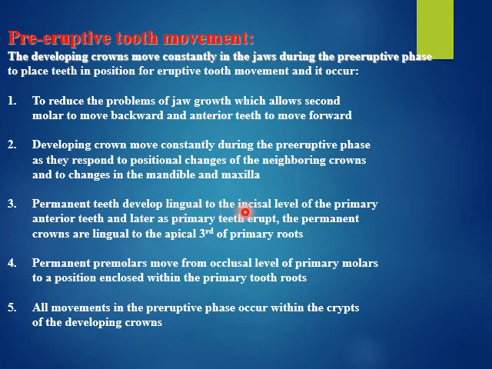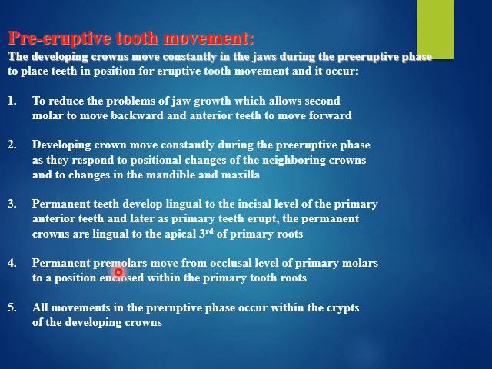At the beginning, they develop lingual to the incisal level of the primary anterior teeth. And after that, when the eruption of the deciduous tooth occurs, the location of this permanent successor is at the apical third of the primary or deciduous root.